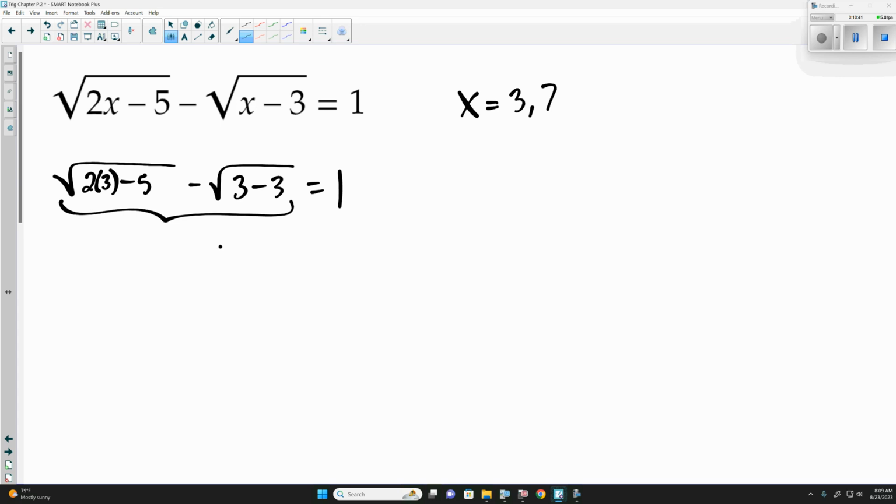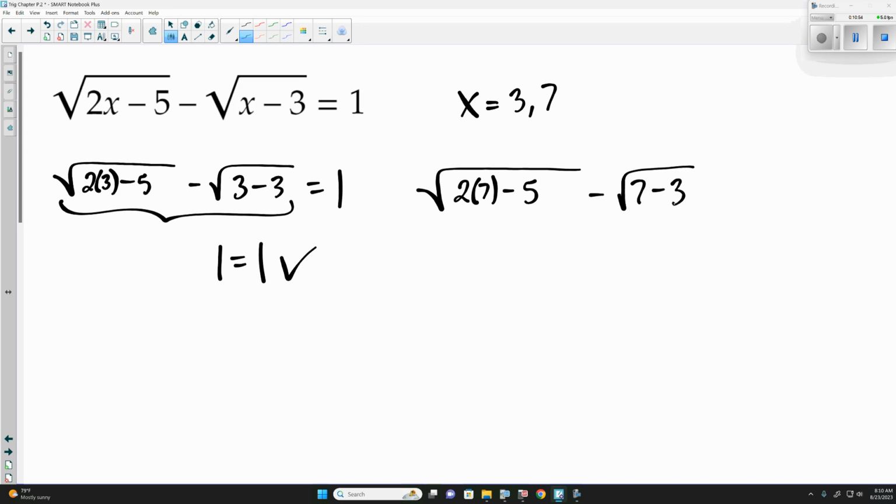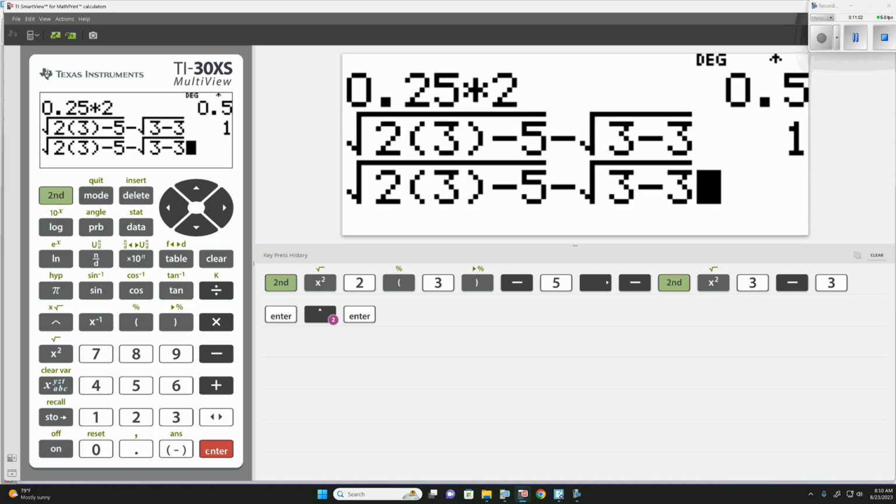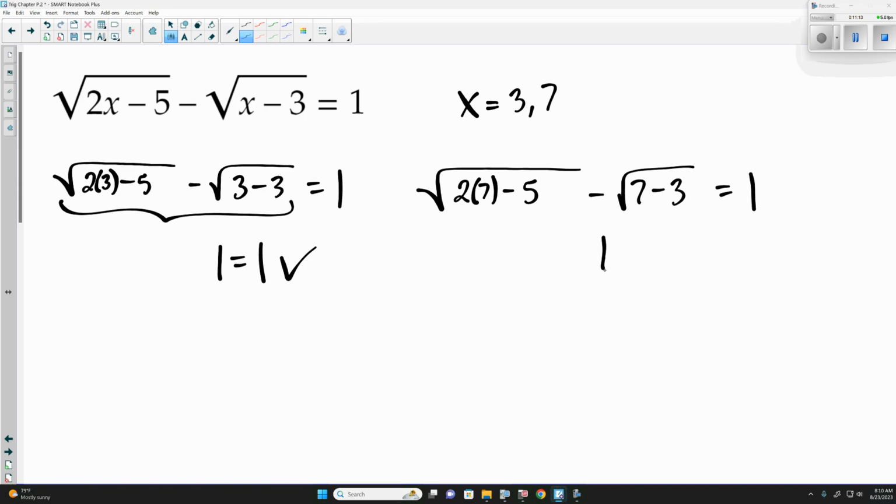So this entire left side becomes 1. 1 is equal to 1. It works. Then we can do the same thing with 7. 2 times 7 minus 5 minus 7 minus 3 equals 1. So 7, and we get 1. They both work.